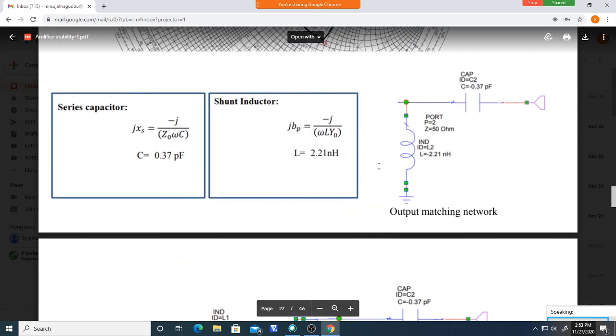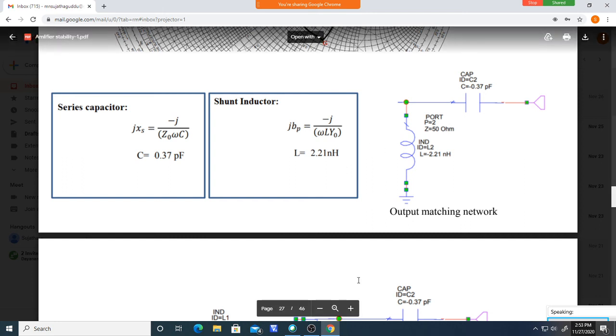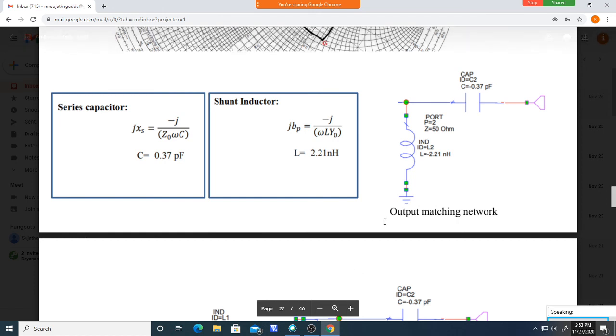In this problem all kinds of tests we are doing, unilateral test, stability circles, gain circles also we are drawing. Usually this kind of question carries more marks, usually 15 marks. So in the examination we will try to avoid this in a single problem.